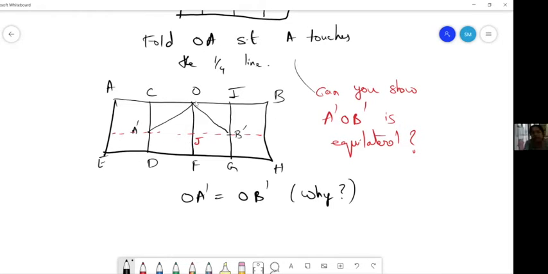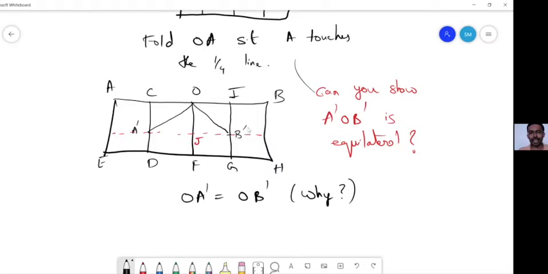J is a midpoint of A dash B dash. So if I join O to A dash and O to B dash, they will be equal, because it is on the perpendicular bisector, because they are overlapping. So OJA dash is 90 degrees. Yes, correct. So this is a full, complete reasoning.